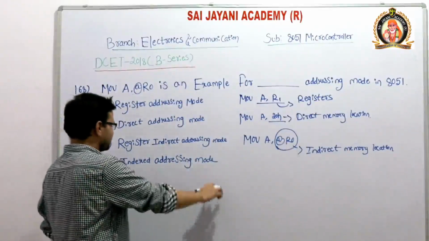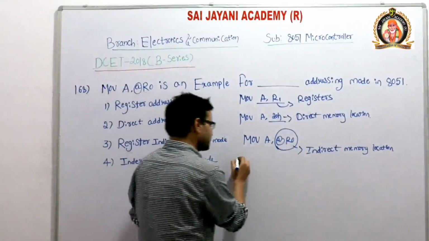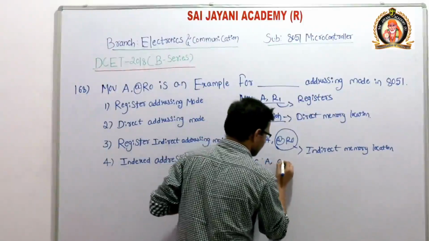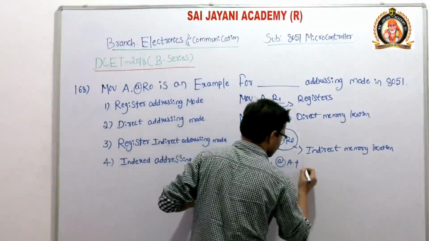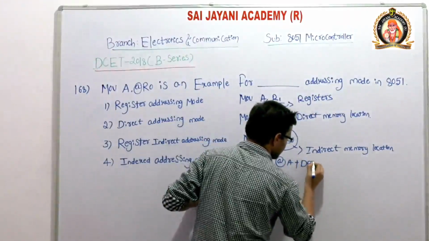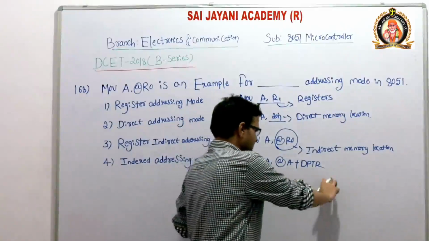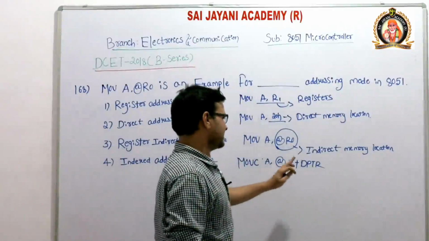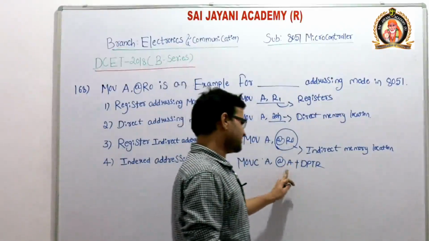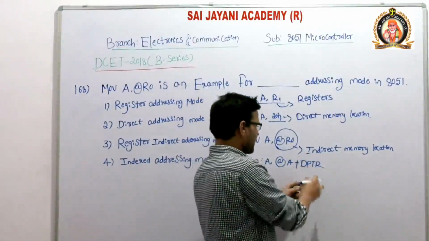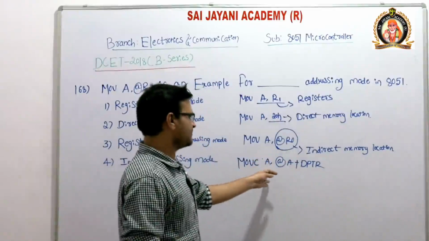The fourth option is indexed addressing mode. In indexed addressing mode, we use both an 8-bit register and a 16-bit register, which are added, and the value at that memory location is copied into the accumulator.